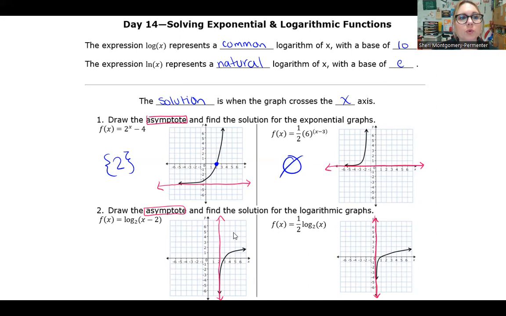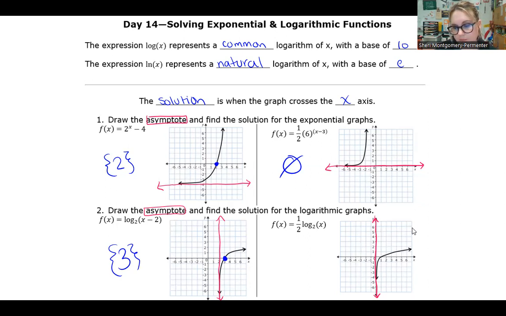So for the first one, where does this graph cross the x-axis? For this graph, where does it cross the x-axis? At 3. Don't overthink these. These are easy questions. I could put it in a set. What about this one? Where does this graph cross the x-axis? At 1.